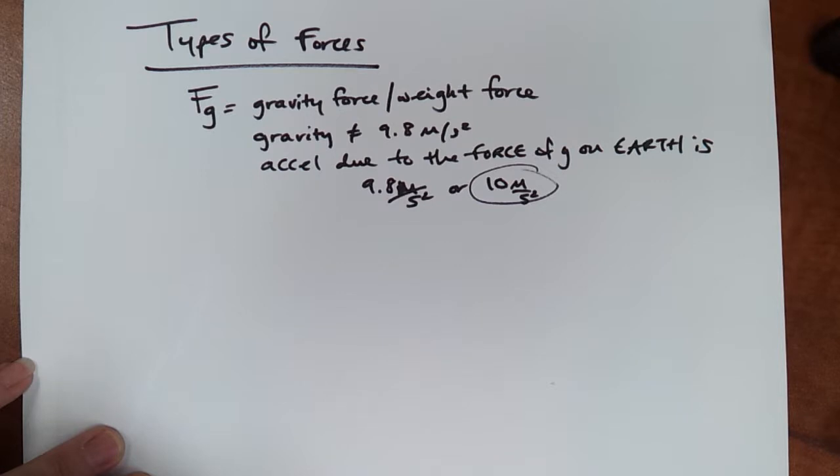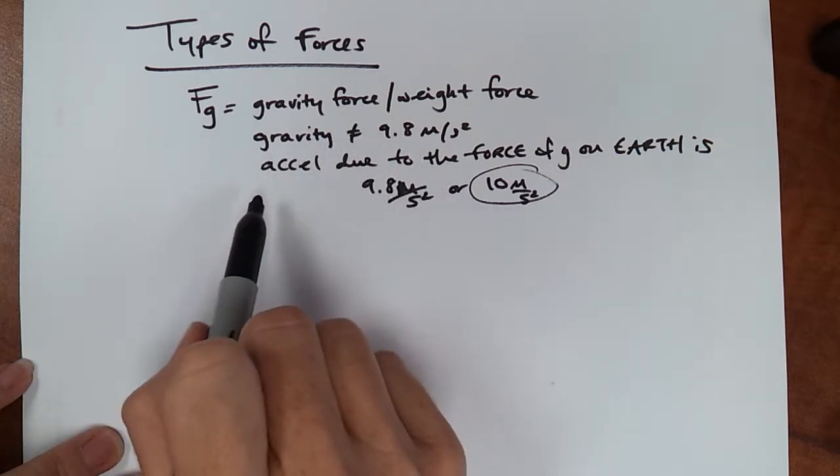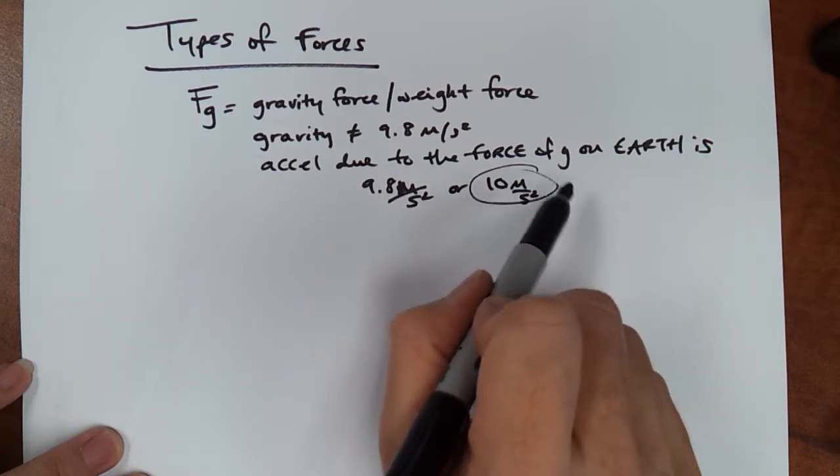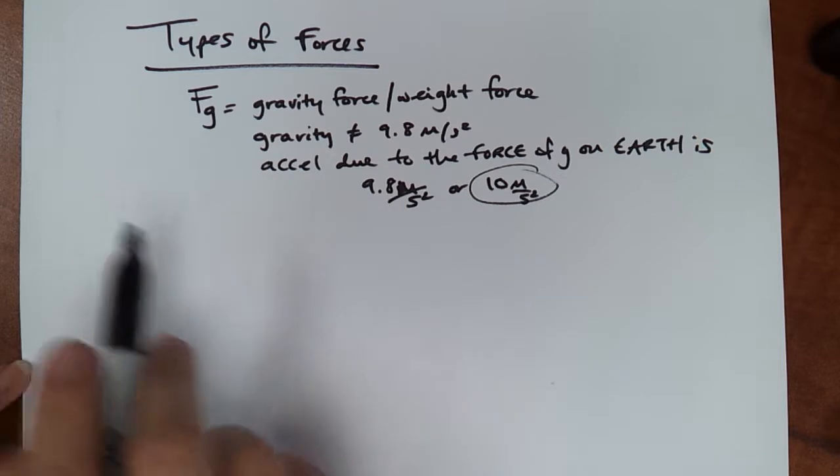So you are technically more attracted to Earth than ever because you were born with way less mass than you are now. So gravity is not that, but the acceleration caused by that attraction is a particular number on Earth, and we keep that as a constant.